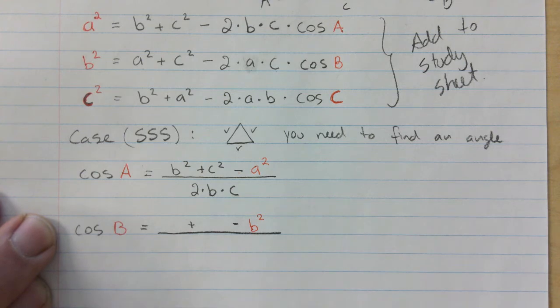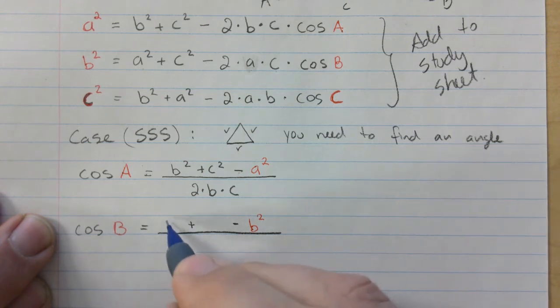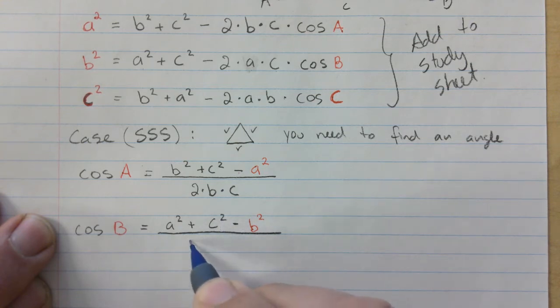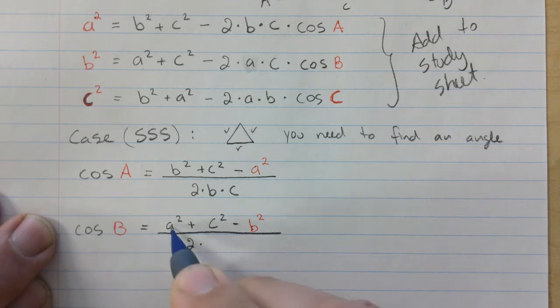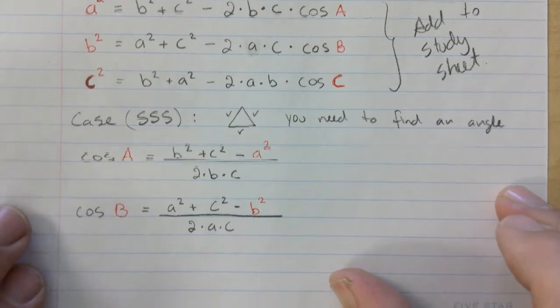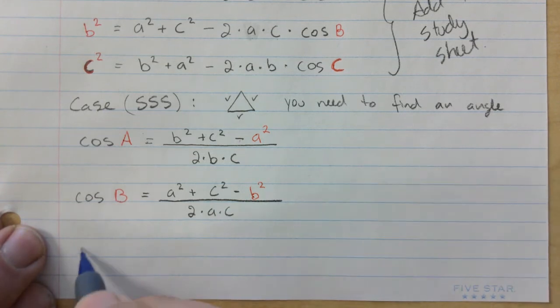That's the most important step, to subtract the side across the angle. And in here you have A squared and C squared being added. And you're going to have to divide this by 2 times A times C. So the side B doesn't show up again. It only shows up once subtracting here. So make sure you have this one written down correctly. Okay.